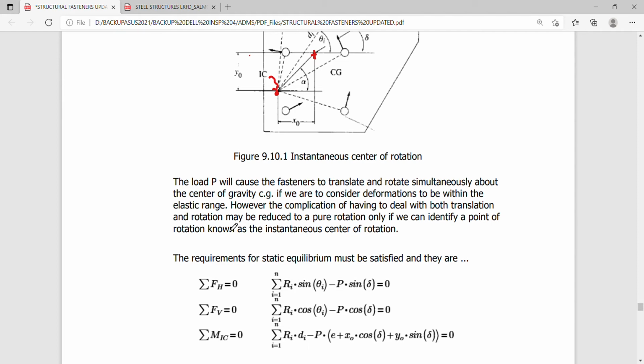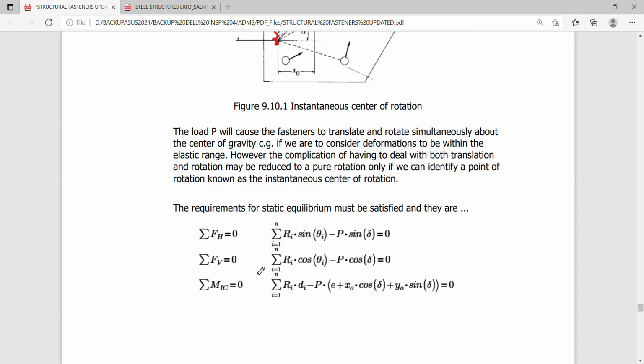So the requirements for static equilibrium then must be satisfied by, of course, the three static equations: forces horizontal, forces vertical, and moment about the instantaneous center.